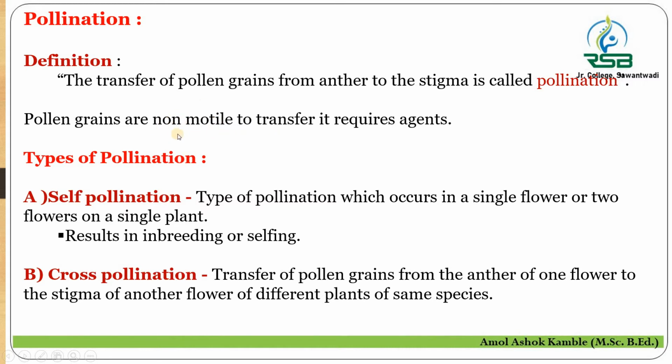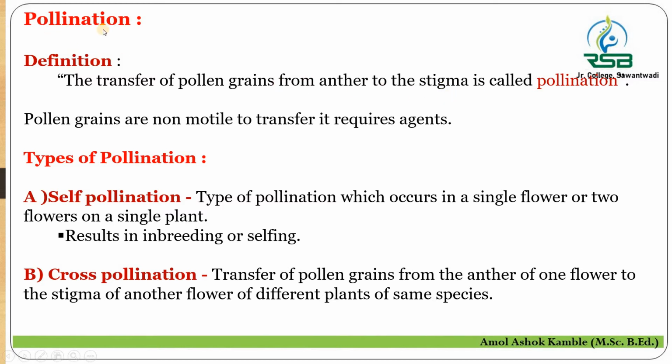Therefore, to transfer these non-motile male gametes, the mechanism of pollination is essential to facilitate the further process, that is the fusion of the male gametophyte with the female gametophyte, which leads to fertilization. It is the most important feature in angiospermic plants.